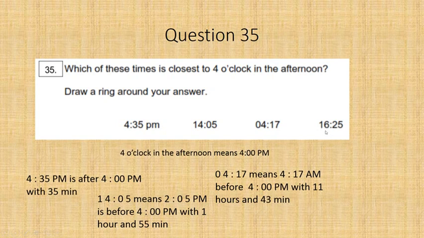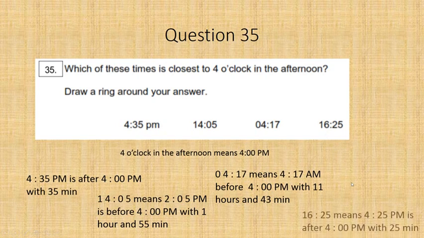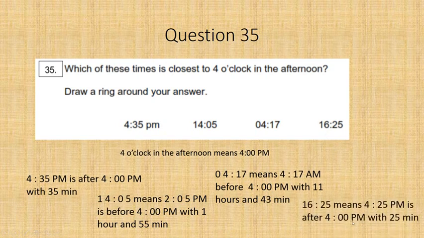And the last one here is 1625, in 24-hour format, of course. So I have to change it into 12-hour format. So I have to count after 12: 13, 14, 15, and 16. So there are four. It's 4:25 p.m. It's after 4 p.m. with 25 minutes.